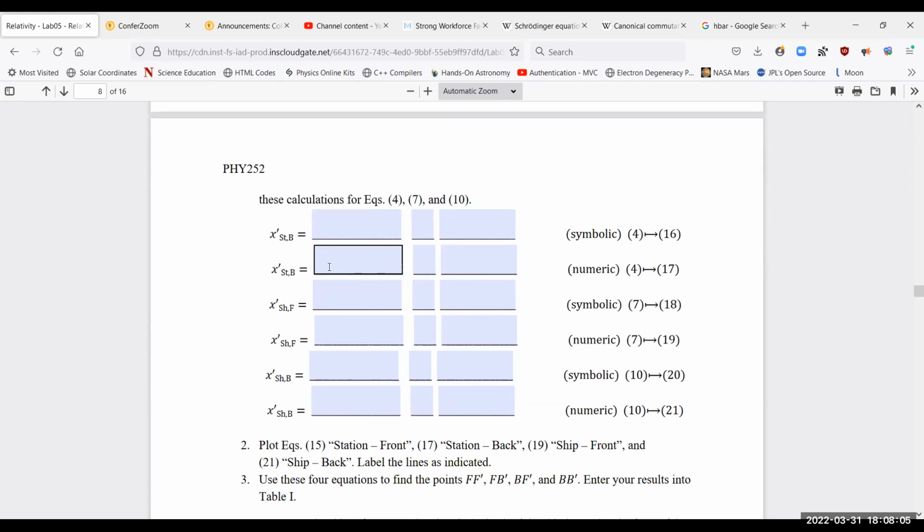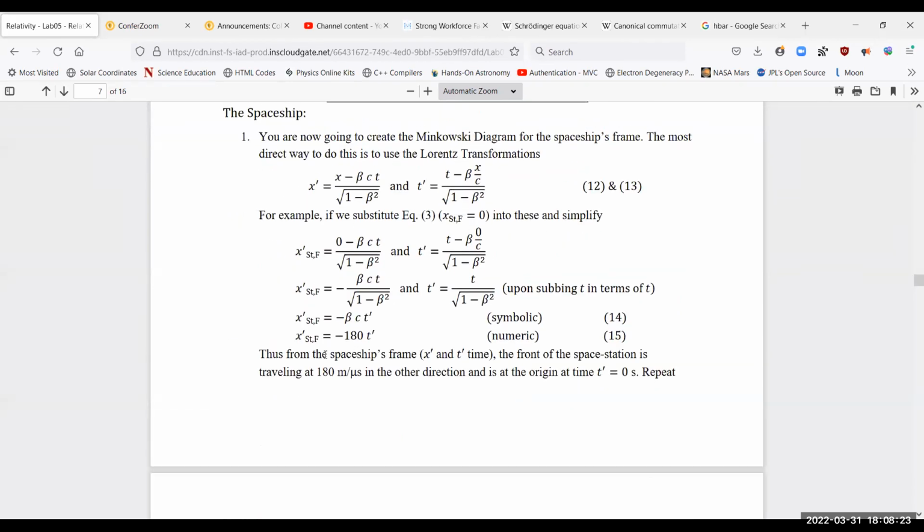Actually, I have to write the formulas and put them in there. So this is the formula, this is the actual numbers. This is the front of the space station, and this is the formula, and this is the back, and I have to put it. So this is the back of the ship, the front of the ship. This is the back of the station, and this is the front of the station.